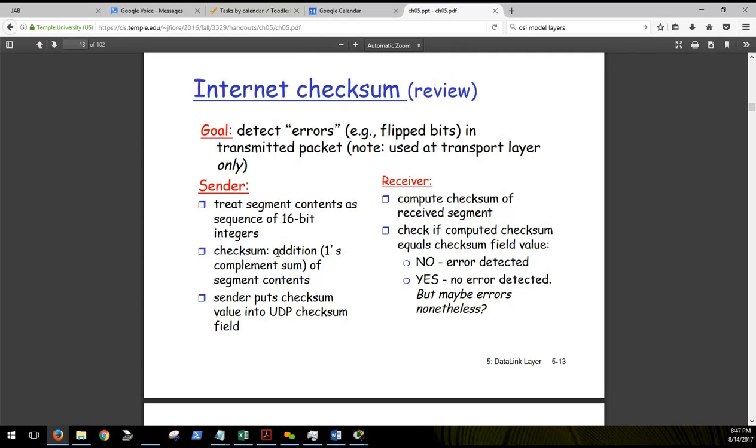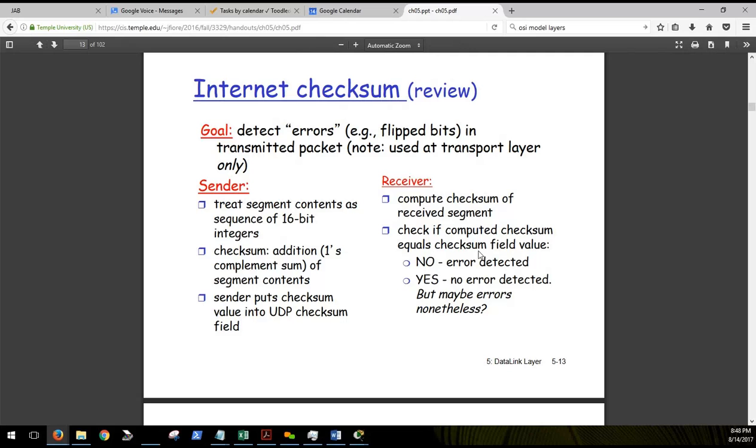The checksum is the one's complement sum of the segment contents, and the sender puts the checksum value into the UDP checksum field. The receiver on the other side computes the same checksum of the received segment and checks if the computed checksum equals the checksum that was saved in the field.